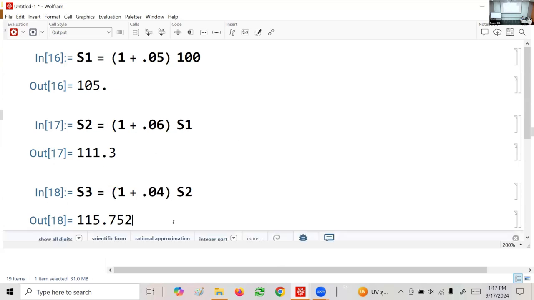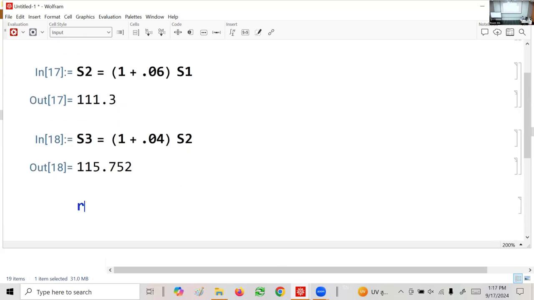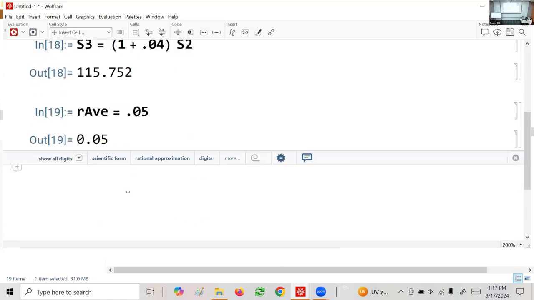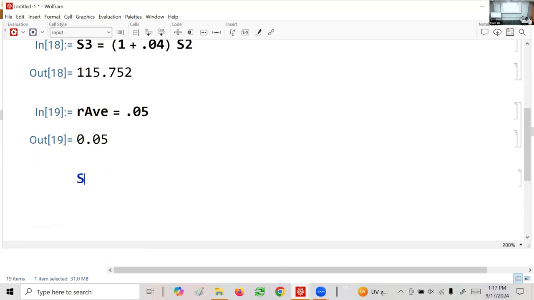okay, let's say R on average, okay? R average is equal to 0.05, right? If that were the average, then shouldn't S3 be equal to 1 plus R average times 1 plus R average?